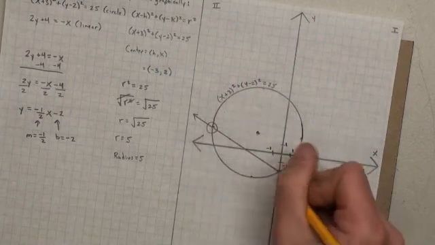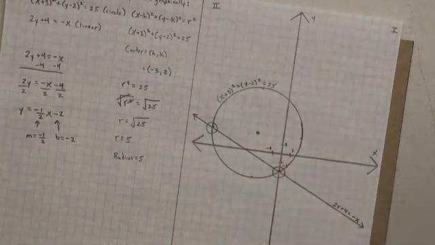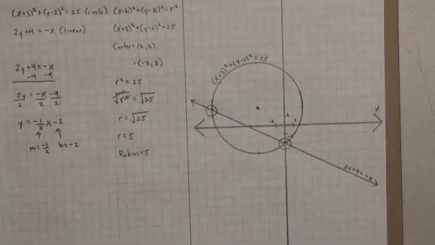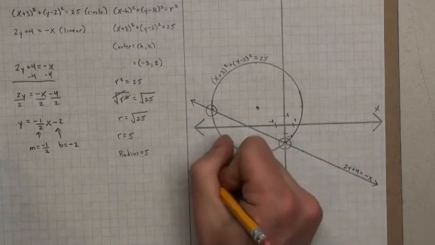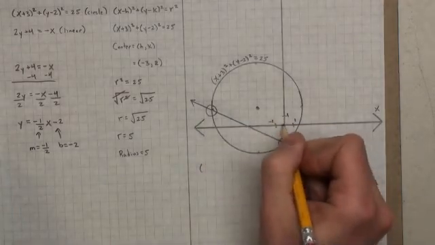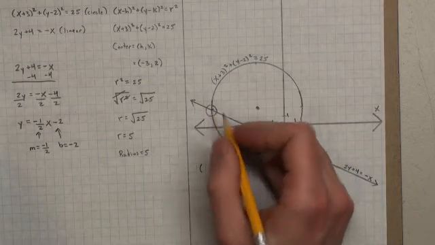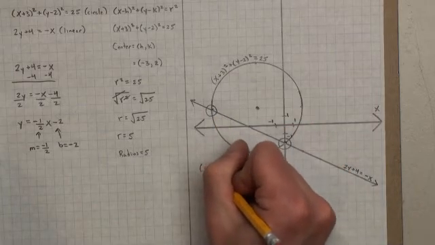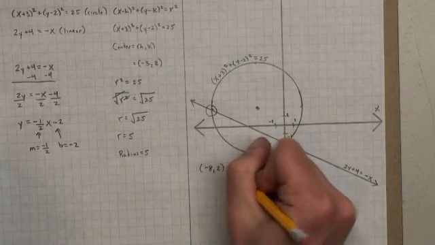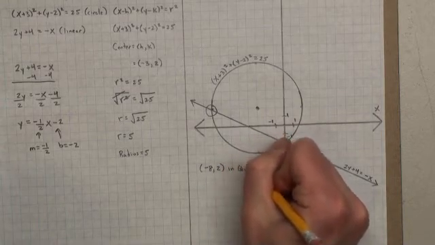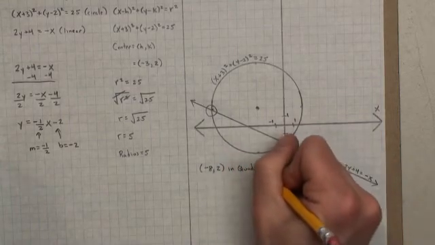Circle the two intersection points. Let's put down what we think they are for now. This first one here is a definite. And that's at negative 8, 2 in quadrant 2.